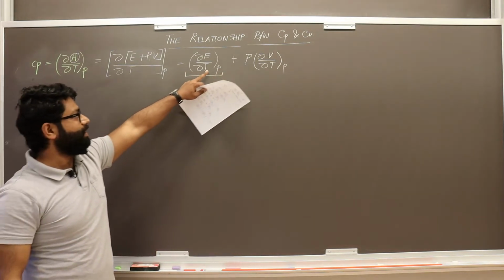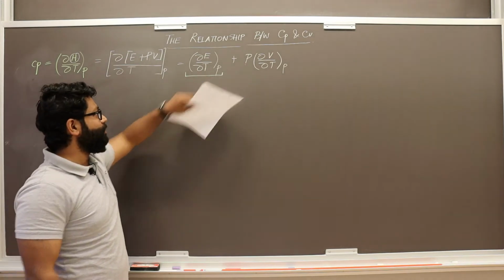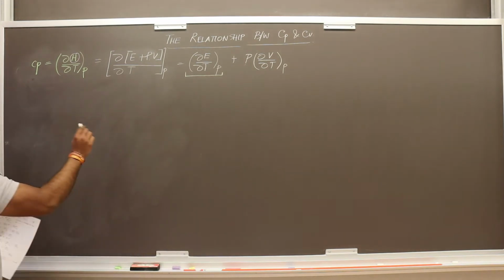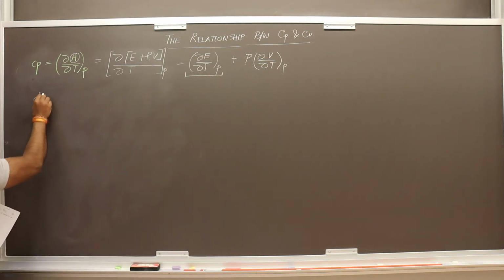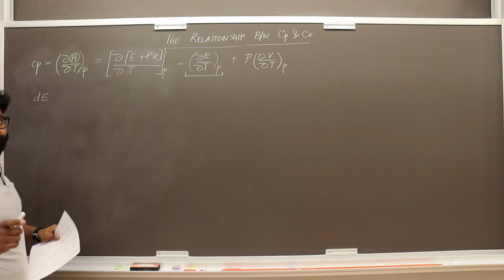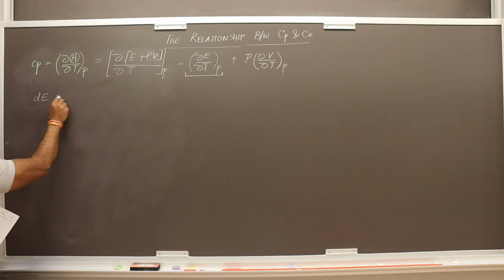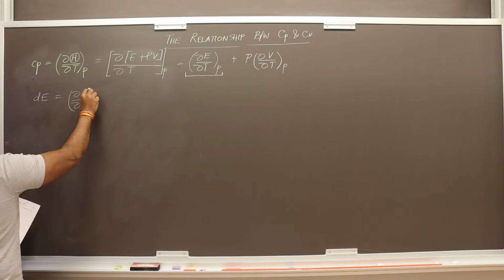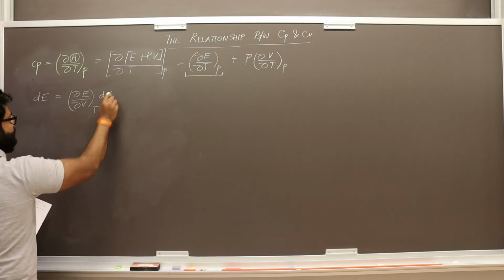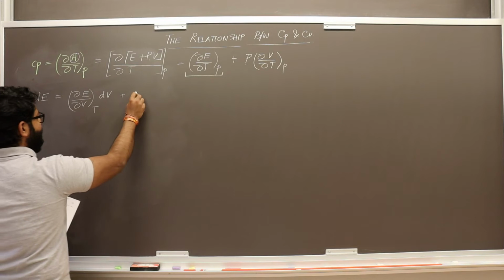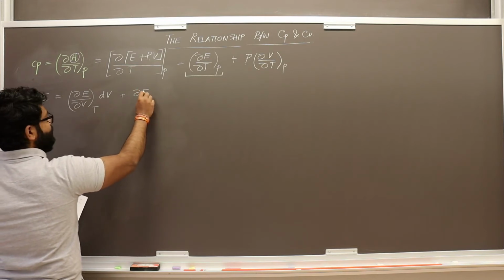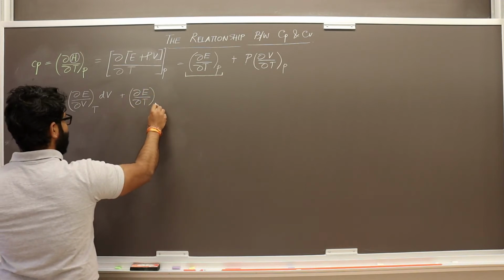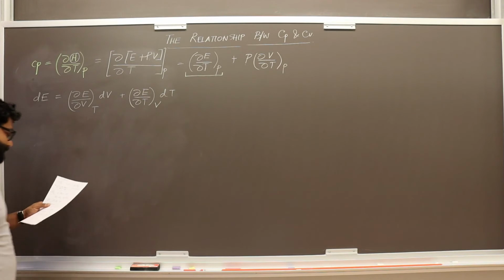Now, what we have to do here is substitute this item. We want to find out what the value of del E by del T at constant P is. Now, we try and remember that dE was a perfect differential, and therefore we can write dE as del E by del V at constant T dV plus del E by del T at constant V dT.